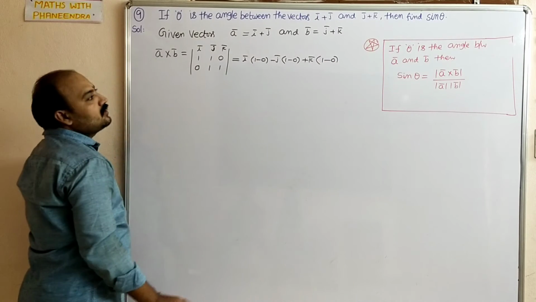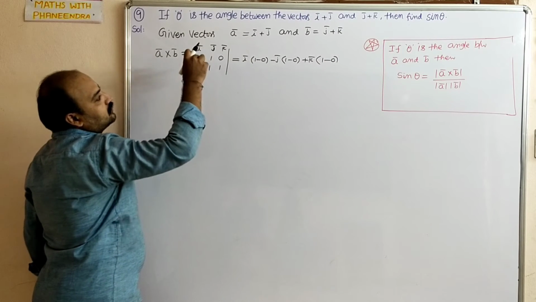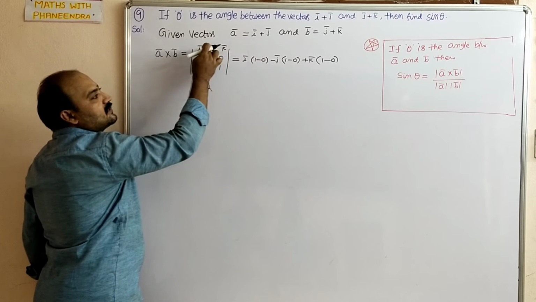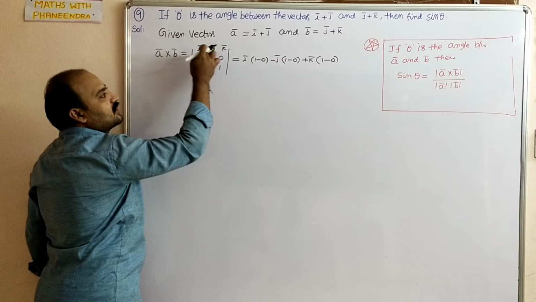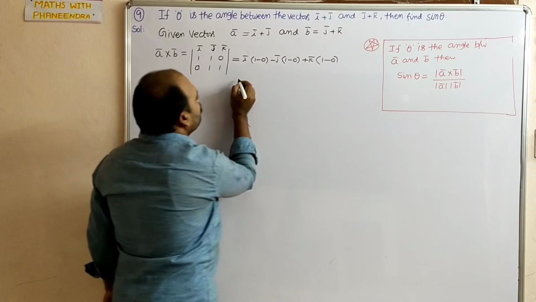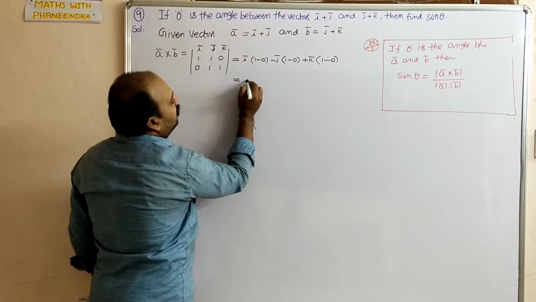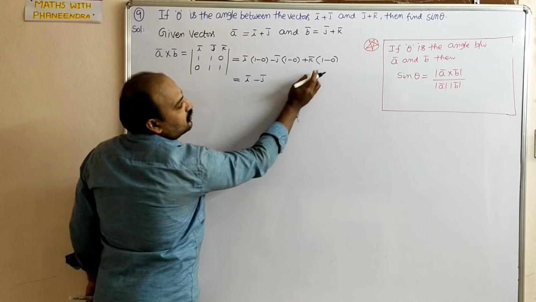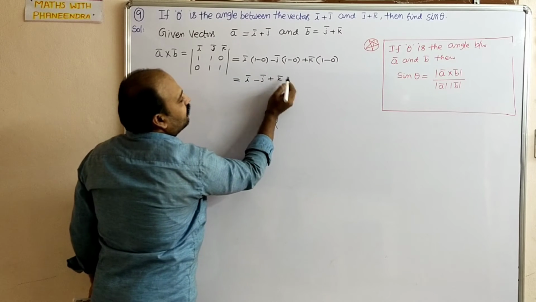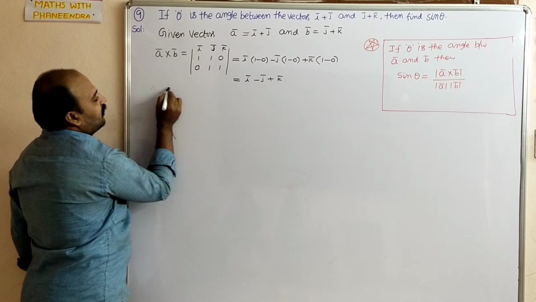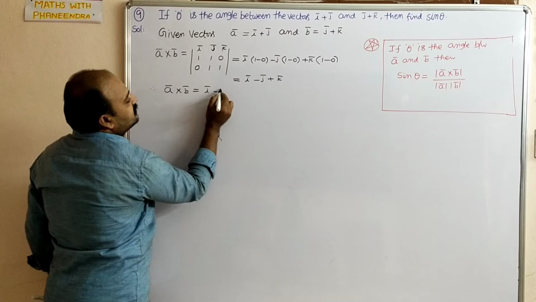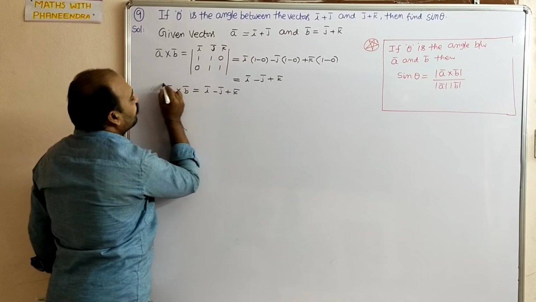So once again, I bar into 1 minus 0 minus j into 1 minus 0 plus k into 1 minus 0. So you will get 1 into I bar, 1 into minus j bar is minus j bar, 1 into k bar plus k bar. Therefore, A bar cross B bar equal to I minus j plus k.